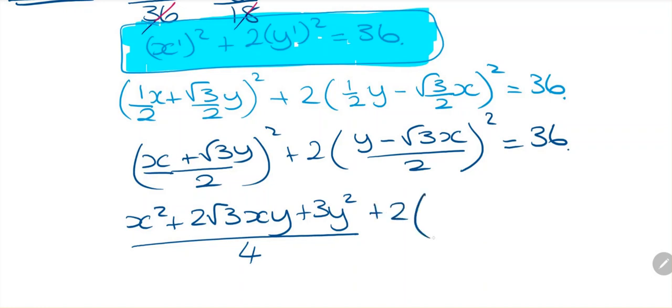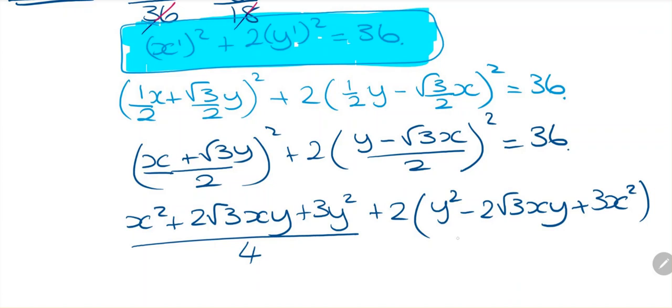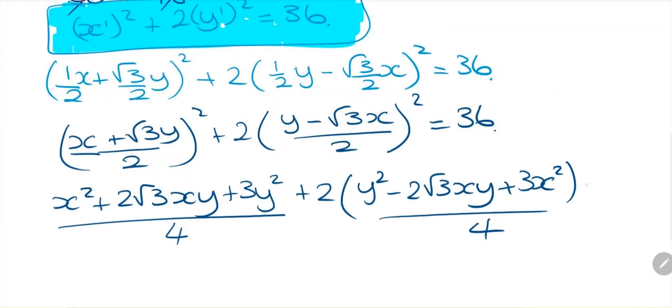Plus 2 times y squared. This time we've got a minus b, so it's going to be minus 2ab, so minus 2 root 3 xy, plus 3x squared, also over 4, and this is equal to 36.